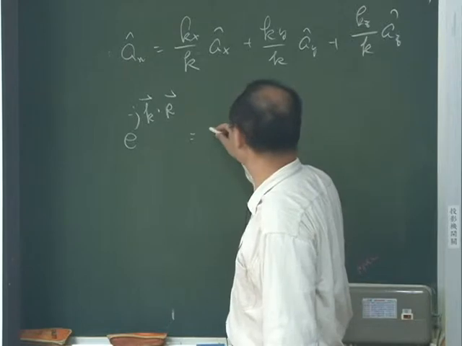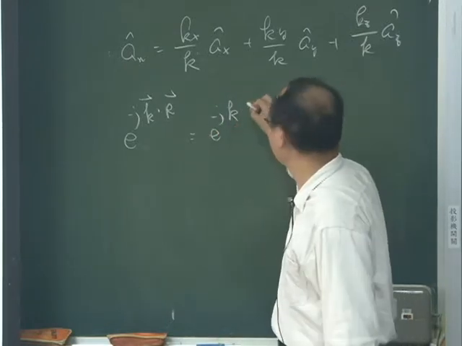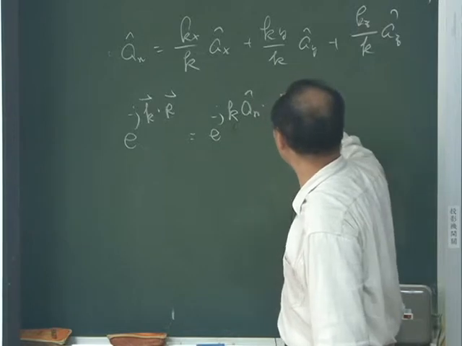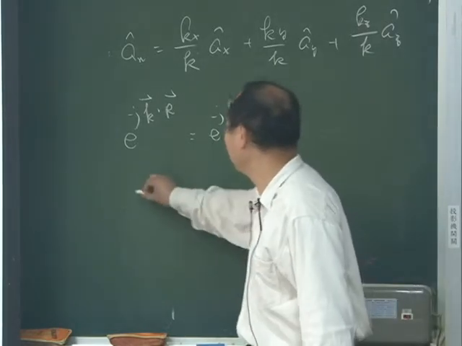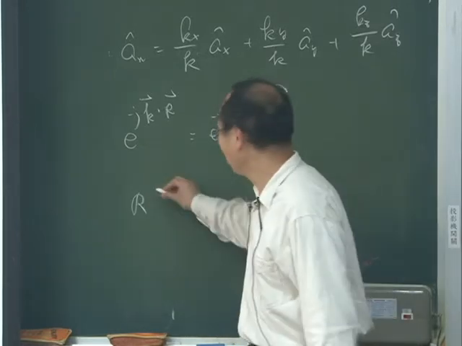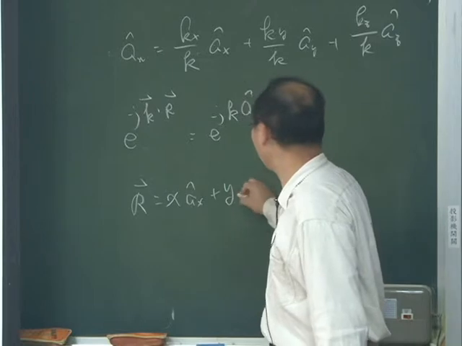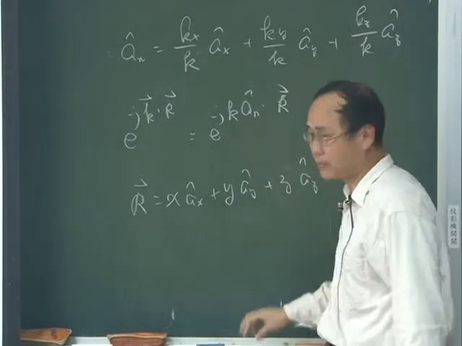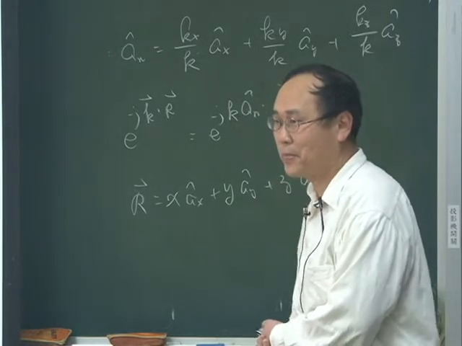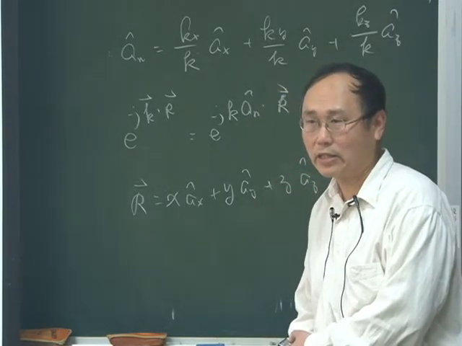Now it is sort of exponential minus jk, a scalar right here, and then your unit vector multiplied with r, and r is just the usual position vector x along x direction plus y along y direction and z along z direction. So now we have a mathematical expression. We want to understand what it is.